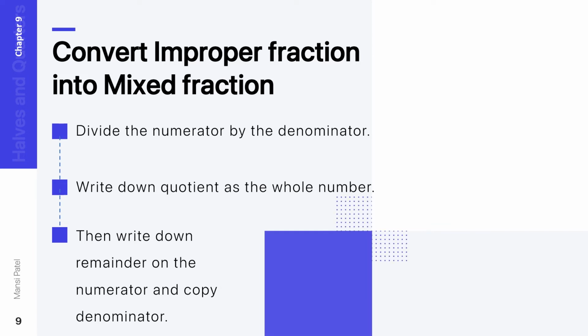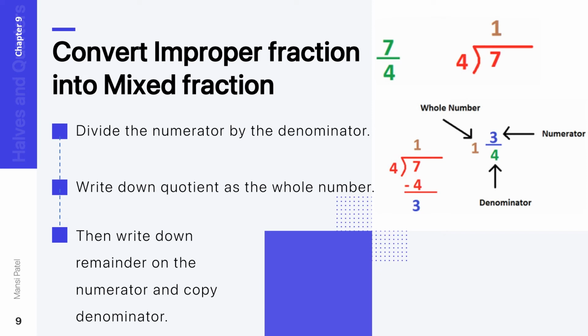See here, with the help of one example, how we convert an improper fraction into a mixed fraction. Here your question is 7 upon 4. 7 is the numerator and 4 is the denominator. So first you have to do the division. 7 divided by 4.